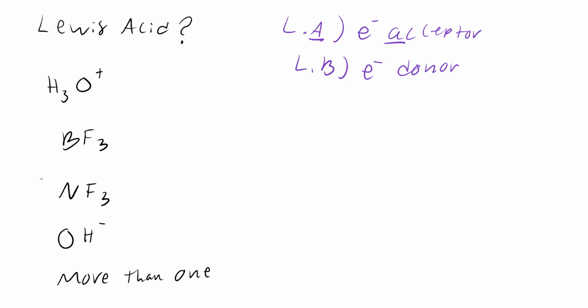So that leaves us with either H3O or BF3. Okay. Let's start off with BF3. So boron trifluoride. That's a really wonky bond. The thing that you need to know is that boron doesn't behave normally, right?